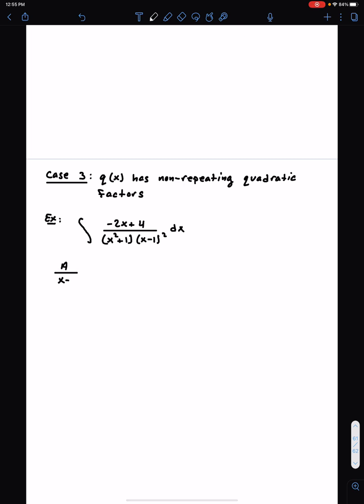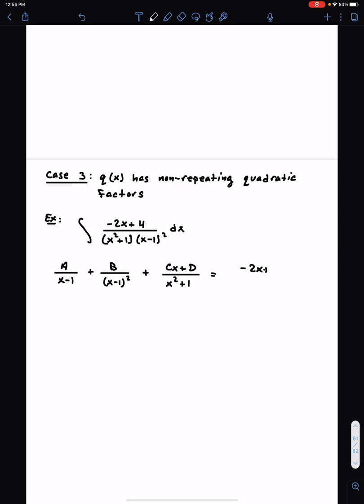So a over x minus 1, and since it's a double root, or has multiplicity 2, I'm going to have b over x minus 1 squared. For the x squared plus 1, that's an irreducible quadratic, which means it does not factor. So the numerator is going to be cx plus d divided by x squared plus 1. Again, the numerator has to be 1 degree less than the denominator, and then you keep descending until you get to the constant term.